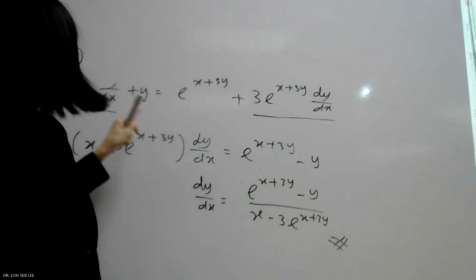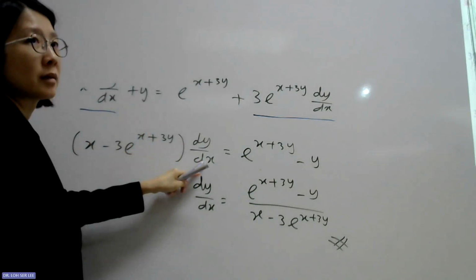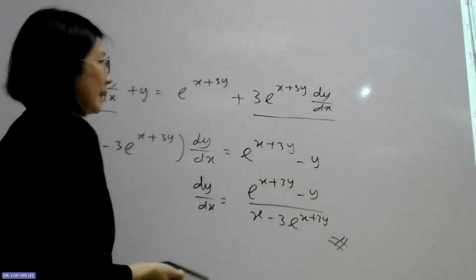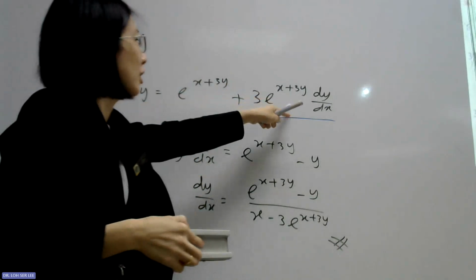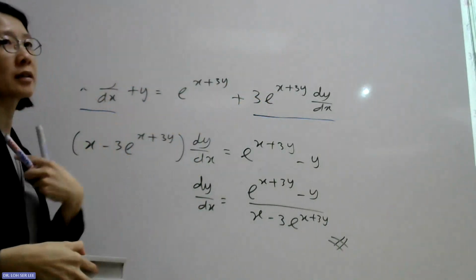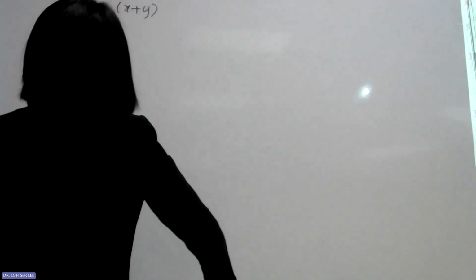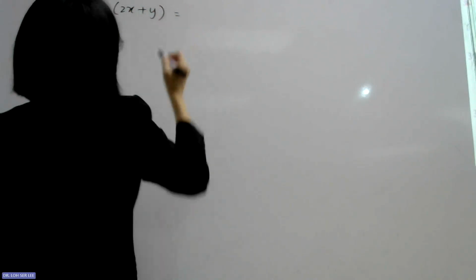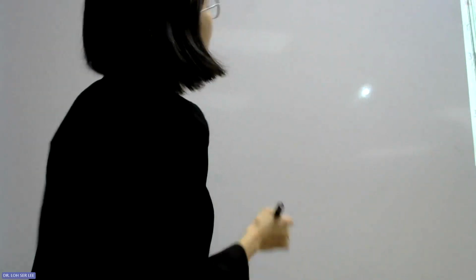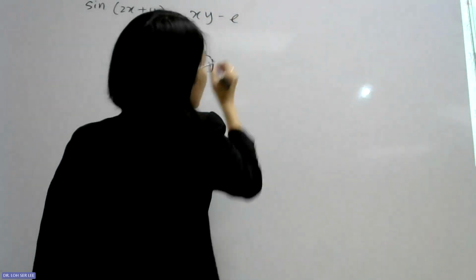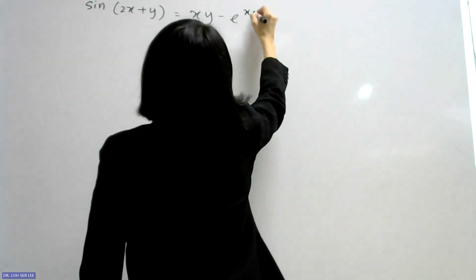Factorization. Factorize. Lazy to do one more line, okay? So this one move to this and then we factorize the dy dx. And next one is sine(2x plus y) equals xy minus e^(x+3y).